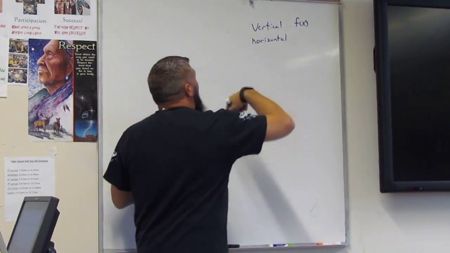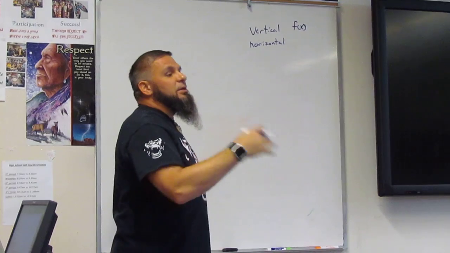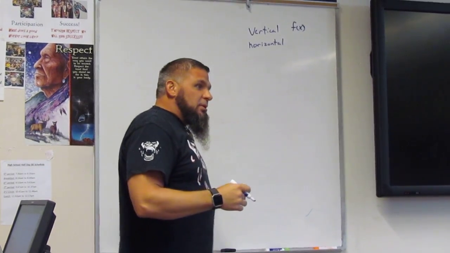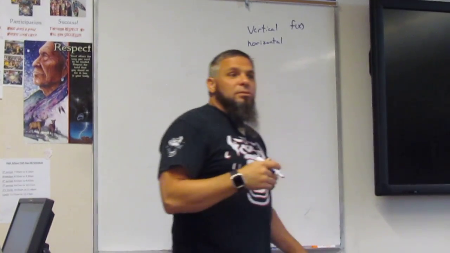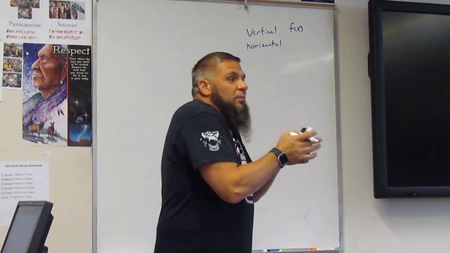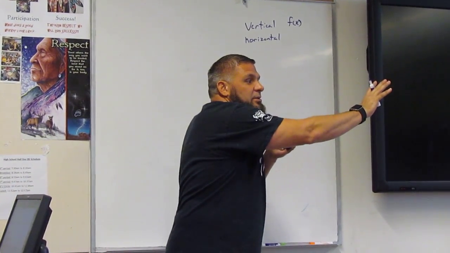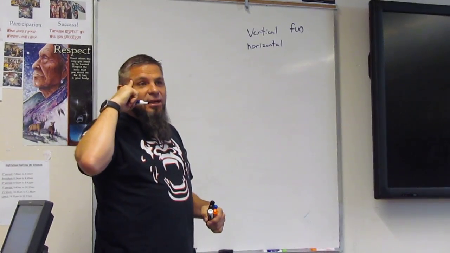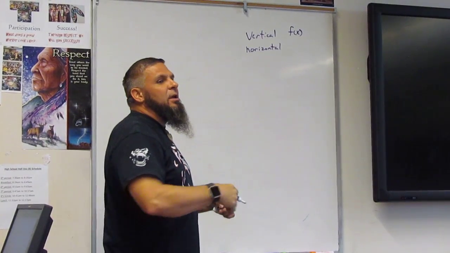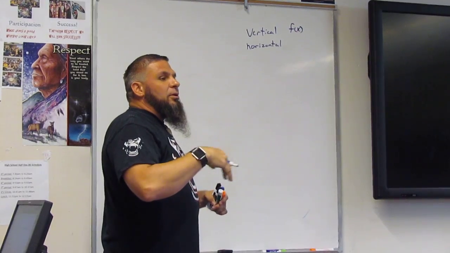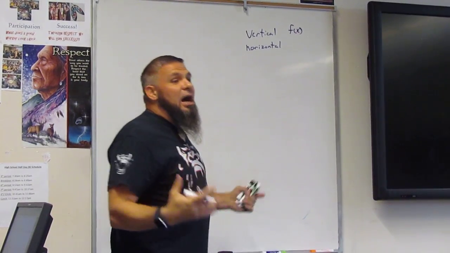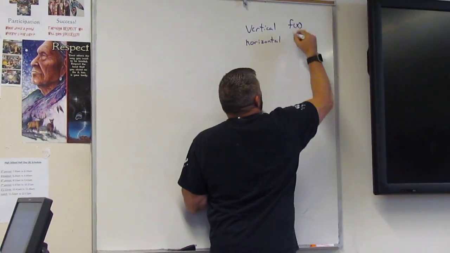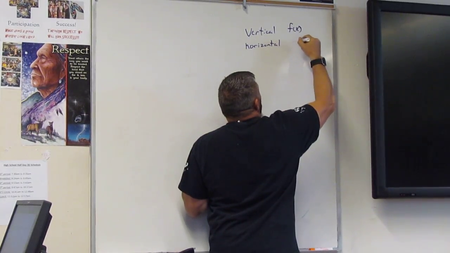So, like a boyfriend or a girlfriend, your ex-boyfriend, your ex-girlfriend, they didn't do what you want them to do, so now they're your ex. Right? If I keep it in that mindset, then I can remember that the horizontals are the x's, and the x's always do the opposite.